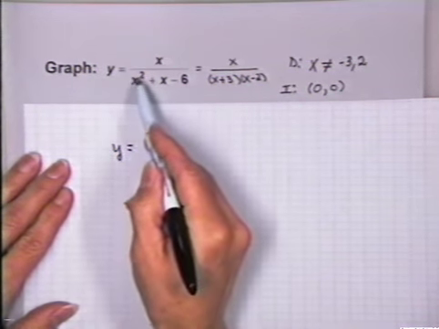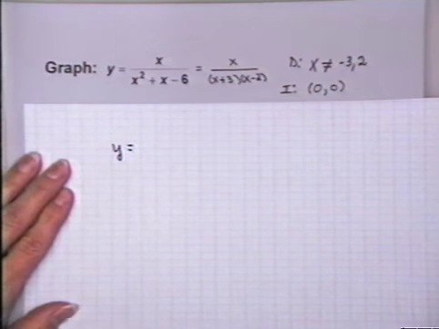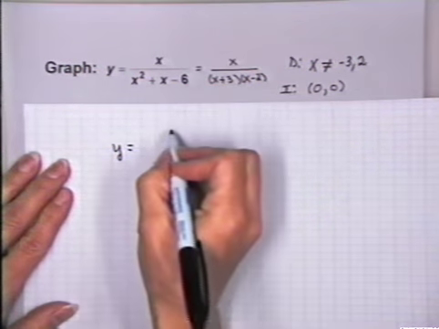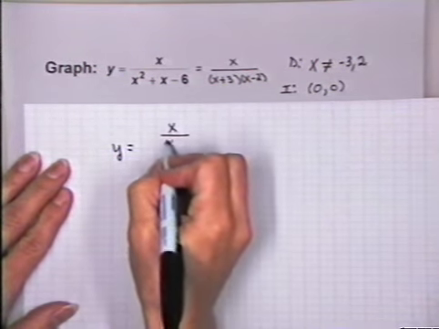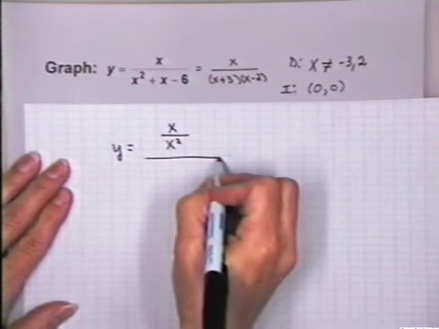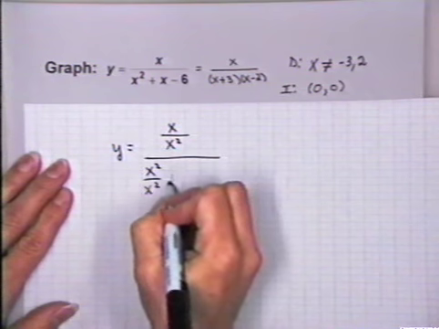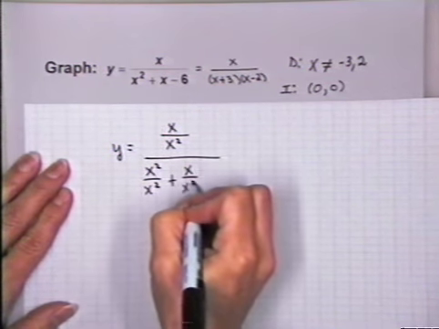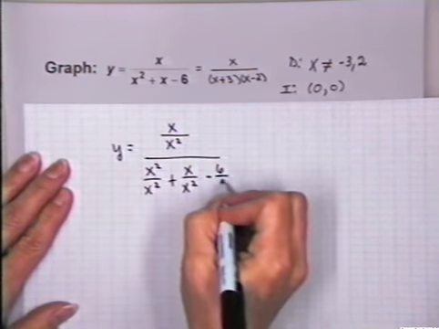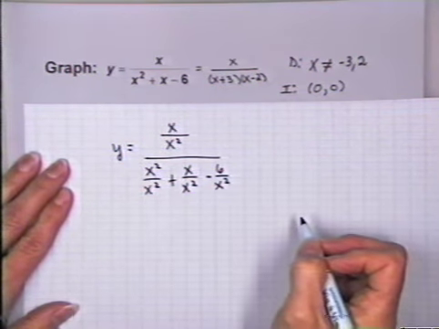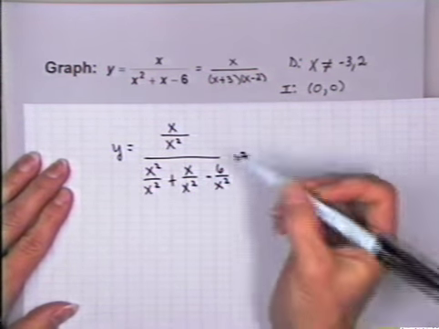Notice x squared is my largest power of x in the denominator. So I'm going to divide x by x squared in the numerator. In the denominator, I divide x squared by x squared plus x divided by x squared minus 6 divided by x squared. Now let's reduce these.